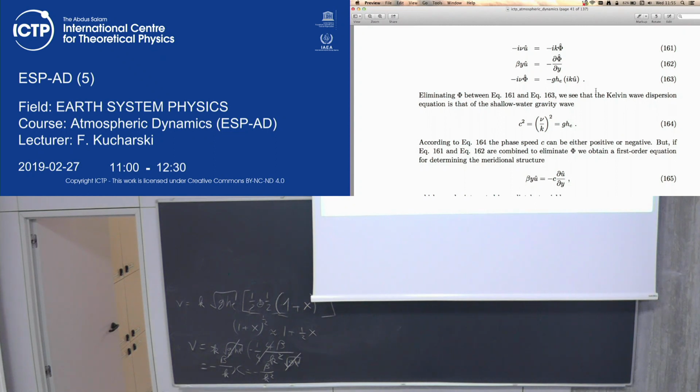That's a gravity wave. But if, on the other hand, we insert 161 into 162, so for the distribution, we eliminate again phi here, we resolve this for phi, insert that there, then we get an equation for u, for our distribution in the meridional direction. That looks like this.